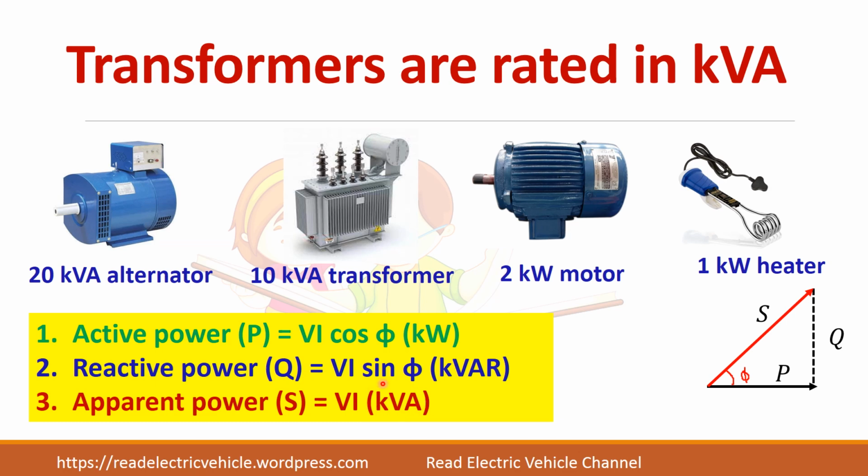There is no power factor here. So for transformers and alternators, only this apparent power is specified, because we are not talking about power factor here. This is the power triangle. P is the active power, Q the reactive power, and S will be your apparent power.